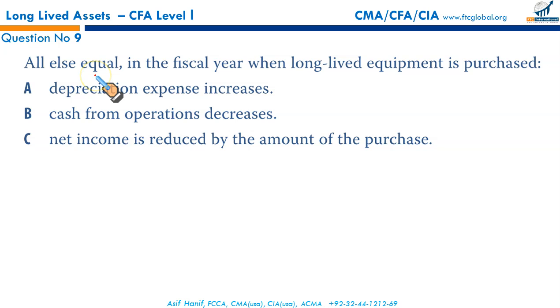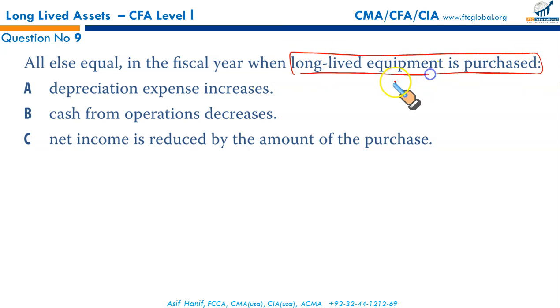All else equal, in the fiscal year when long-lived equipment is purchased, what happens? Depreciation expense increases. When you purchase a long-lived asset, you will have to depreciate it. So acquiring a long-lived asset will involve depreciation, so depreciation expense will increase. This is true. Why not B? Cash from operation decreases. No. Cash flow from operations would increase because of the depreciation charge.